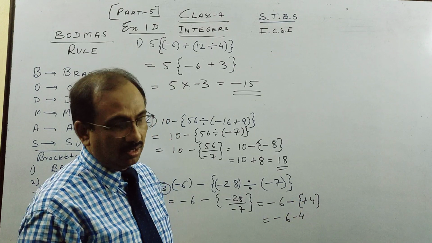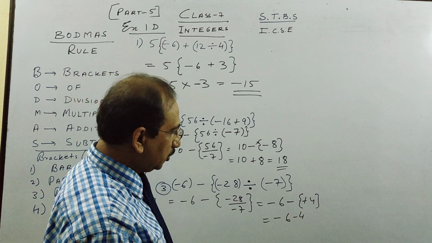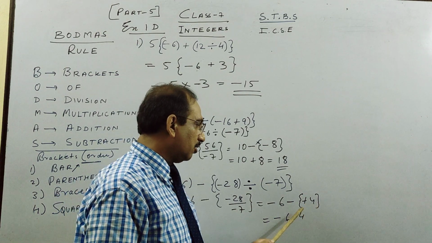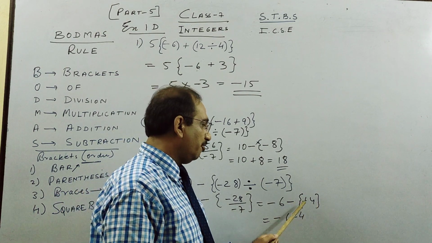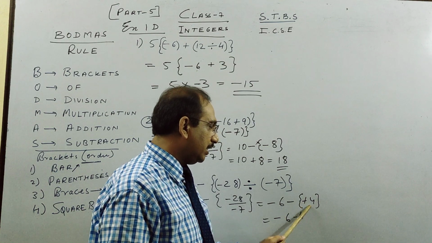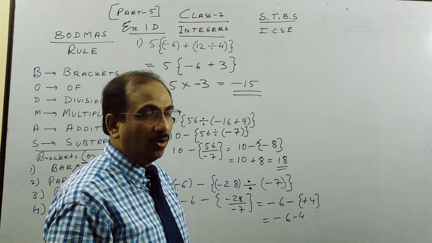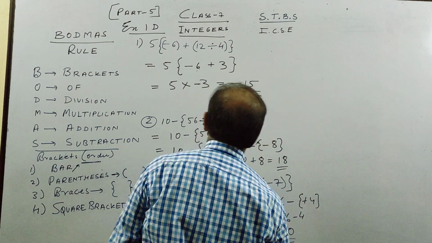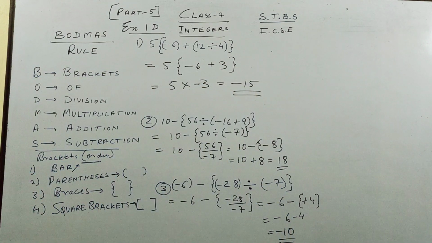Actually, we add the additive inverse of 4; the real concept is that minus means we add the additive inverse of 4, which is minus 4. So we get minus 10. Please pause the video and copy, and then I will do numbers 5 and 7 for you.